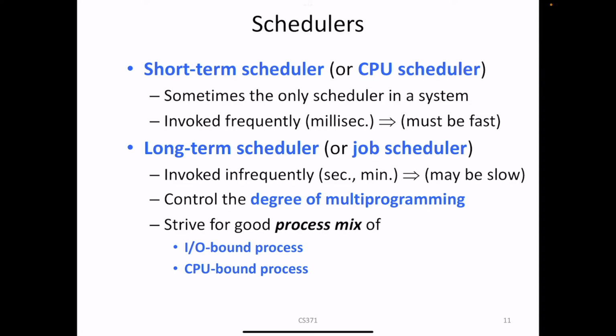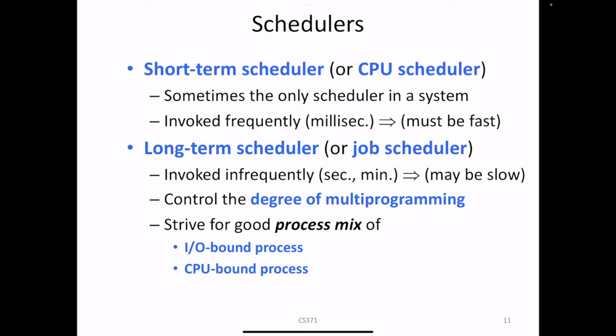So you can imagine the two extreme cases. One is that all the processes loaded into the computer system are I/O bound processes, and the I/O devices will be kept busy. However, the CPU will be idle most of the time, right? The other case is that all the processes are CPU bound processes.